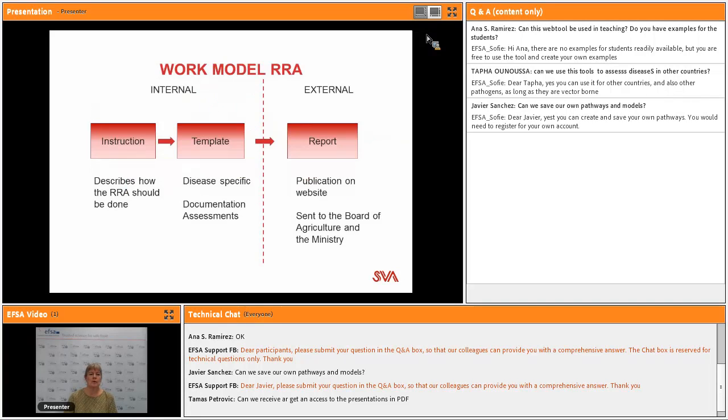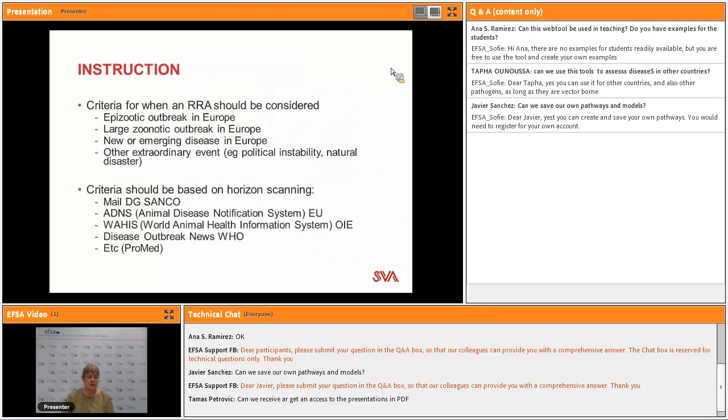So this small model consists of three parts. It's one instruction, a disease-specific template, and a report. And it's only the report that we will publish, and that's used externally. So in this instruction, we deal, for example, with the criteria for when a rapid risk assessment should be considered.